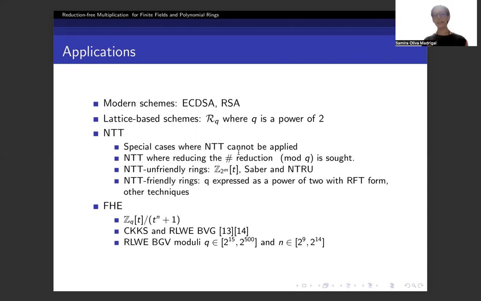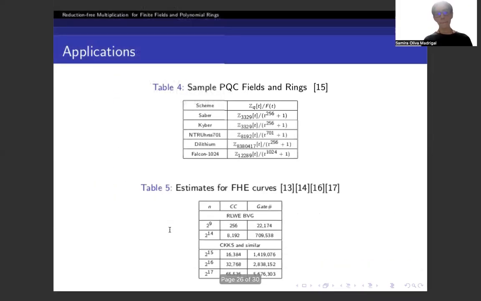NTT takes care of reduction with respect to the modulus, but there's still reduction left with respect to the coefficients when they are defined over Z. And so in this case, RF-FIKO can get rid of that. And now, of course, fully homomorphic encryption, where the functions work with modulus polynomials of much larger degree than in the post-quantum cryptography schemes.